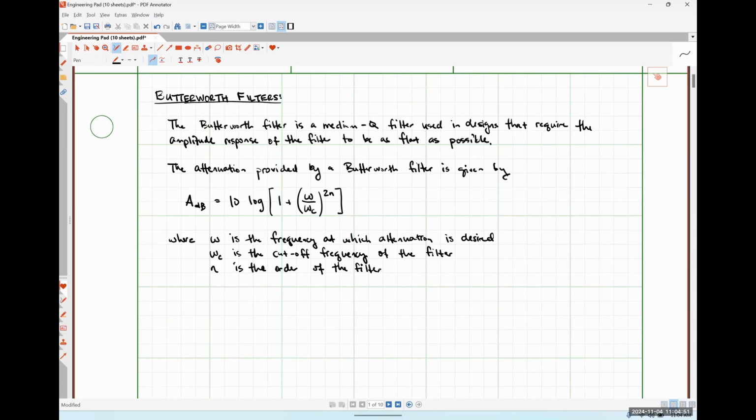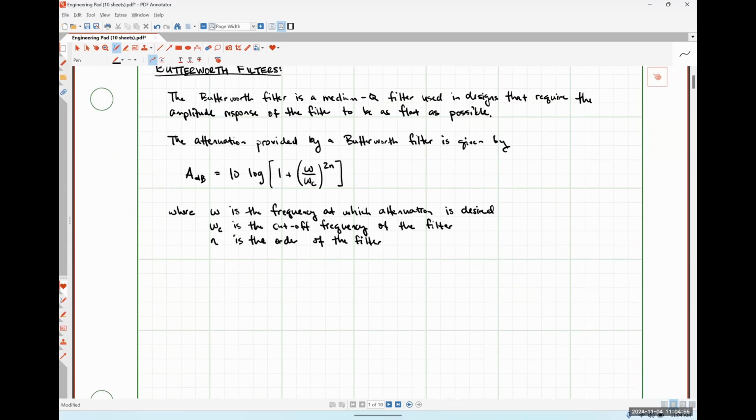So we can use this relationship to determine filter order for a desired performance.